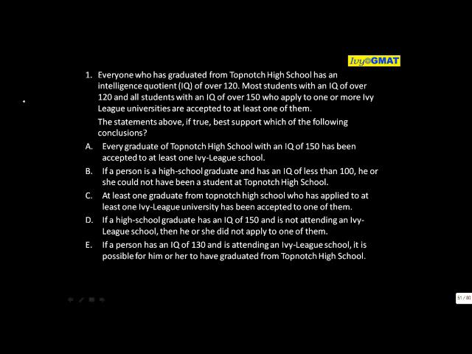The first thing is the top-notch graduates will all be more than 120 in IQ. If you are more than 150 and you apply, you surely get through. This is a sure admit.